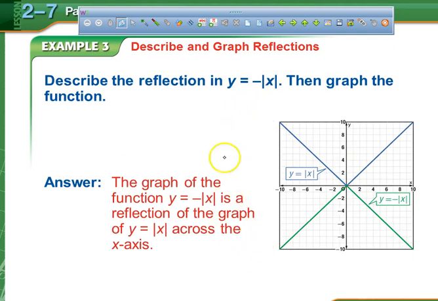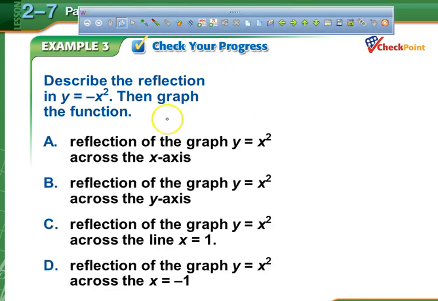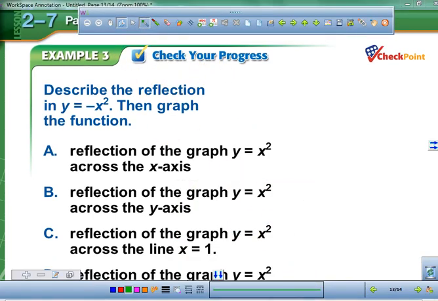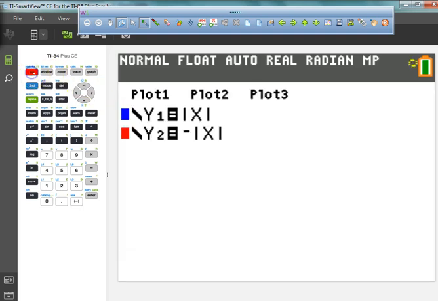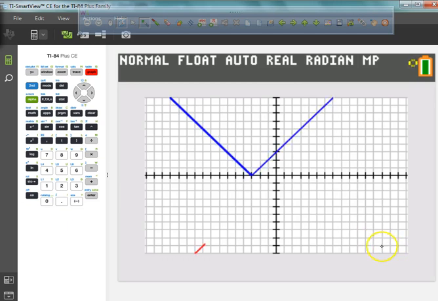Okay, so what happens when it reflects across the y-axis? Okay, let me explain. So let's go over here. What I want you to do right now is do x plus 3 right here. Okay, I want you to hit graph. Take a look at the blue graph. Do you see that?